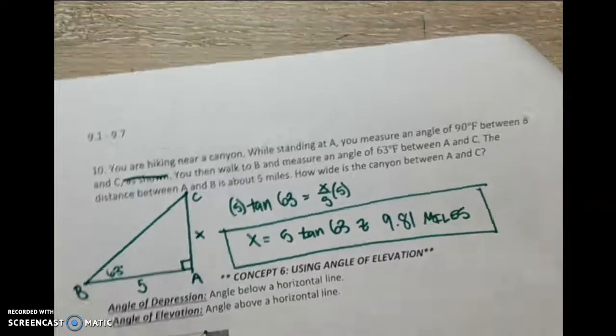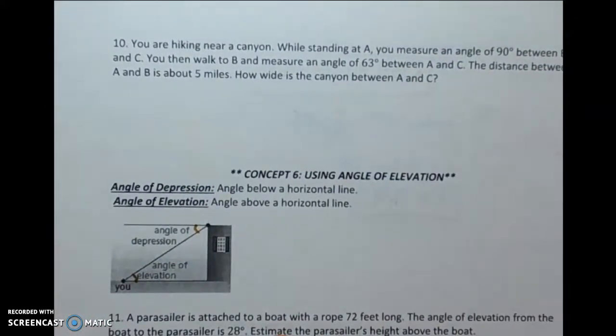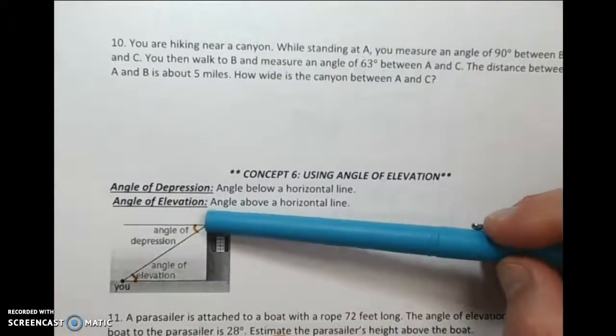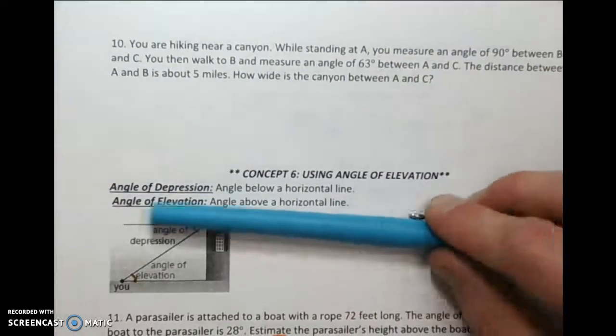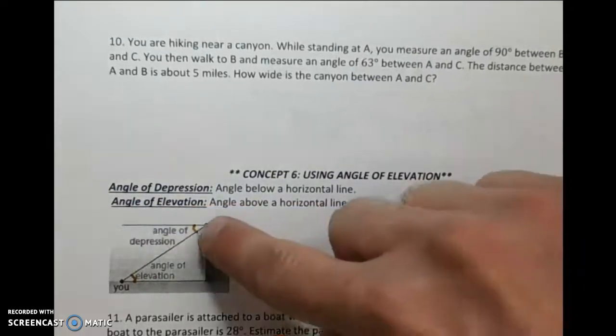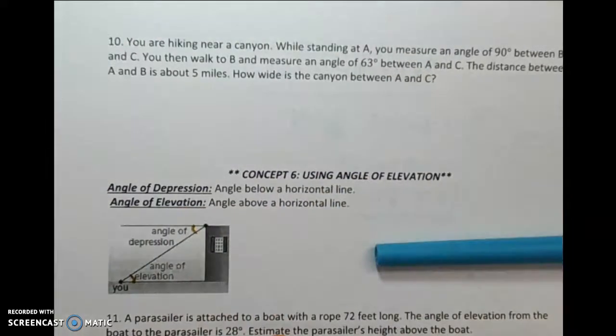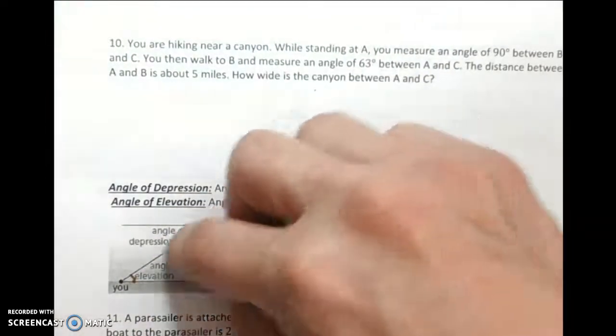Alright, I'm going to go ahead and talk about concept number 6 here. Concept number 6 is using angle of elevation and depression. Angle of depression is the angle below the horizon line. So if you're standing on top of a building and you're looking down, that straight line of vision coming out straight right there, it's between that line that your eyesight is and the angle at which it's going down.